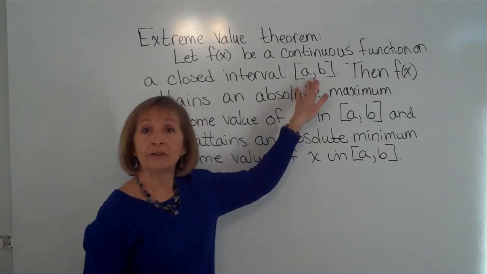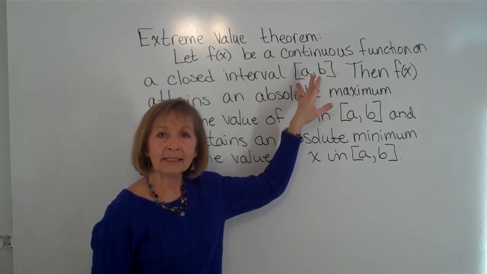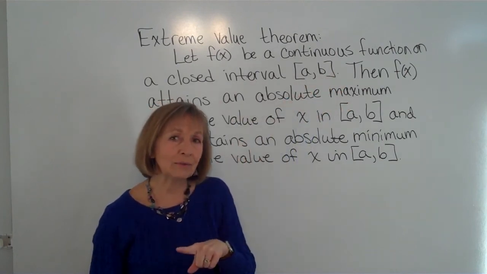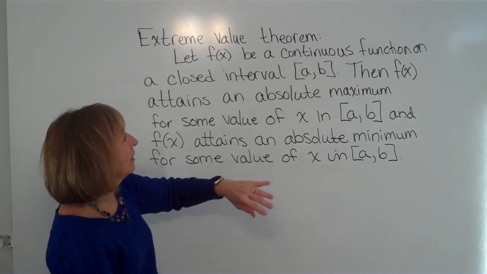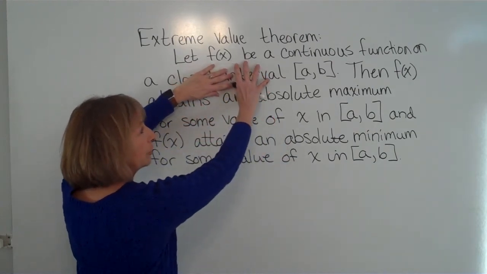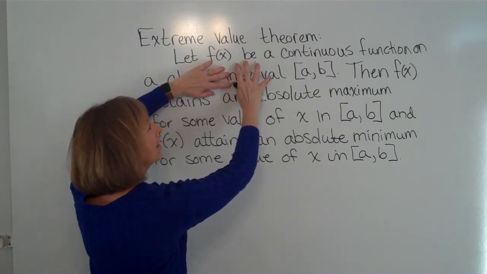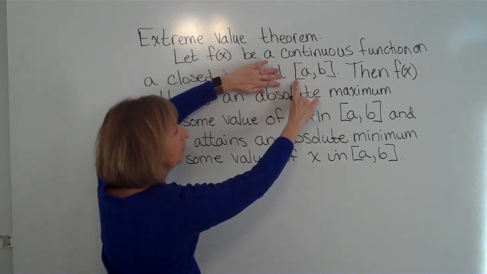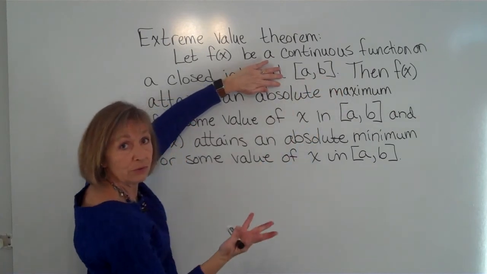Now, also here, our interval is a closed interval. Closed interval means that it includes the endpoints, and the brackets are what show you that it includes the endpoints. Technically, writing this theorem up, I wouldn't have to necessarily say these words closed interval, because as long as I had that the function be continuous, a continuous function on, and I did bracket a comma b bracket, this is denoting that it is a closed interval.